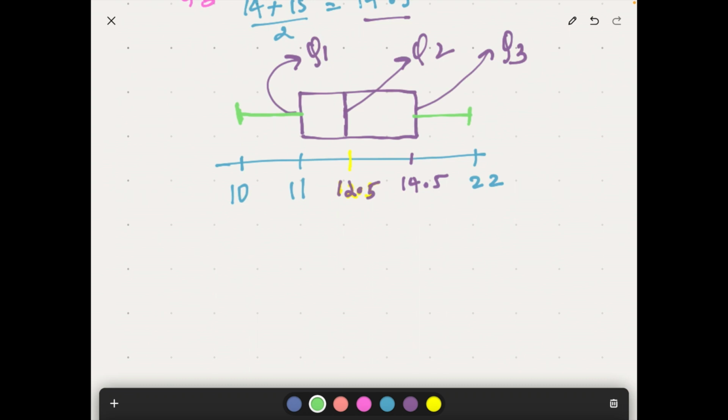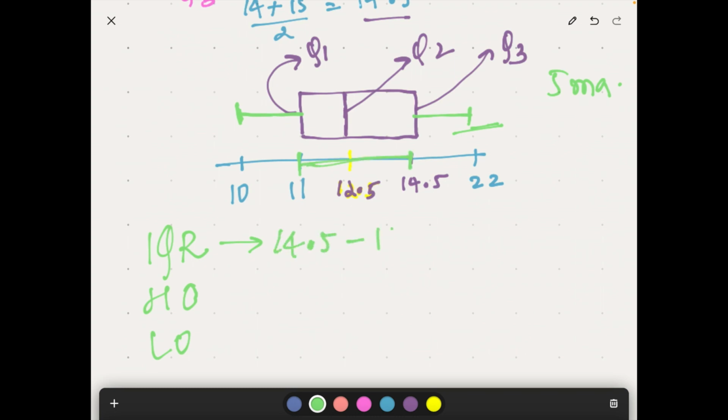But the questions that are generally asked, because this question comes for 5 marks, they'll ask you to plot the graph, find the interquartile range, and the higher outlier value and the lower outlier value also. Your interquartile range is going to be this range here. Between your 14.5 and 11, this 3.5 value that you get is this part here, right?